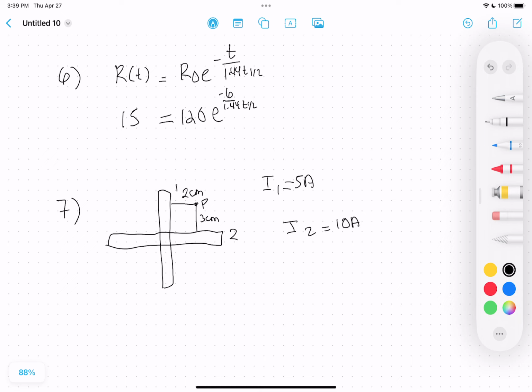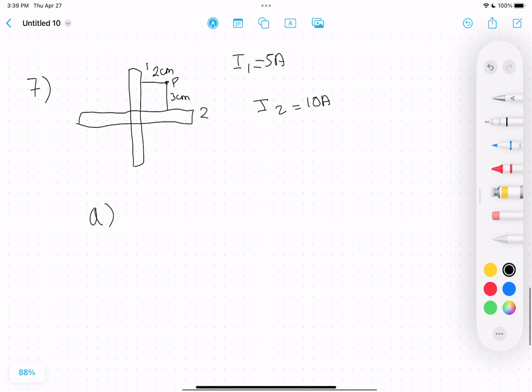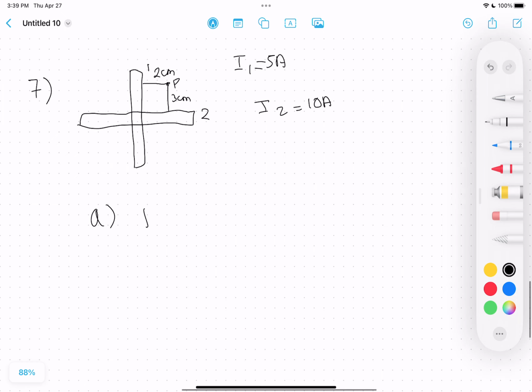Which equation will we use for this one? Part A is asking what is the magnitude and direction of the magnetic field due to current 1 at point P. So we're looking at the magnetic field generated by that first wire at point P. We look at the magnetic field equation for a current carrying wire, which is the magnetic field is equal to the permeability constant times your current divided by 2 pi r.